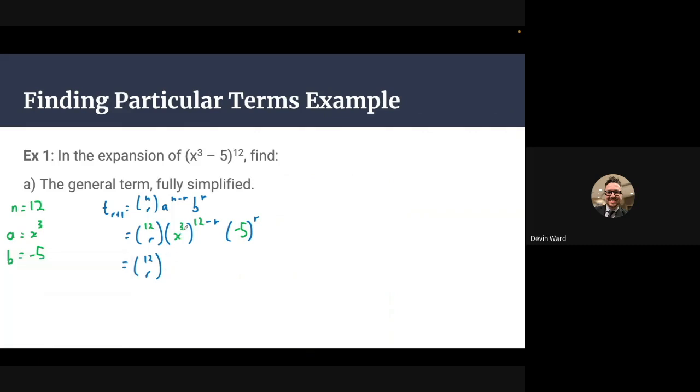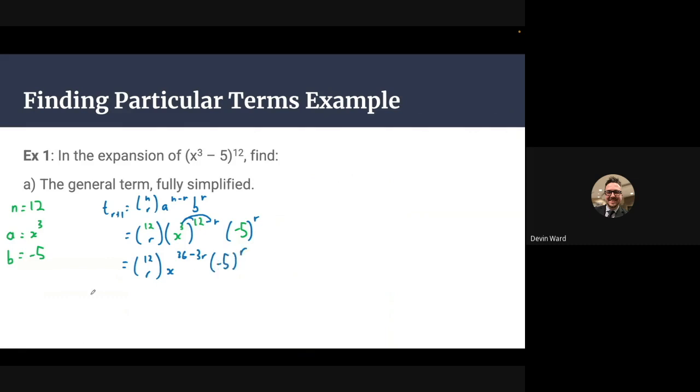Remember, when we have exponents to the power of exponents, that all just becomes multiplication up there. So I'll have 36: 3 times 12, which is 36, minus 3 times r, which is negative 3r. And then I still have my negative 5 to the power of r.